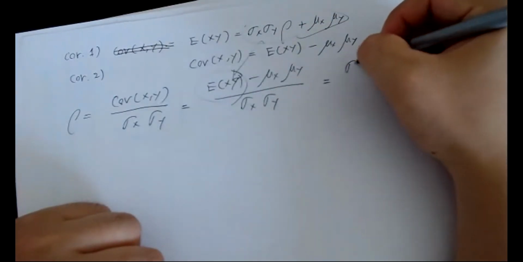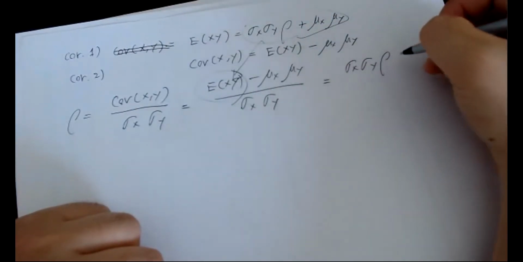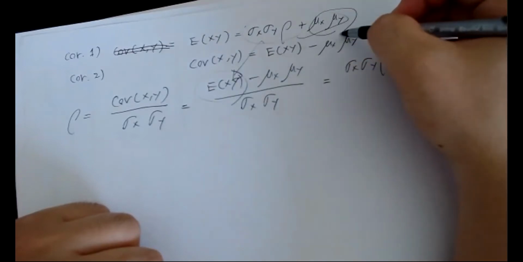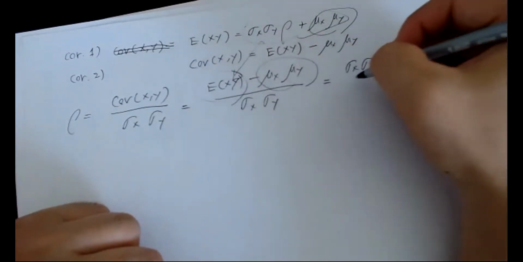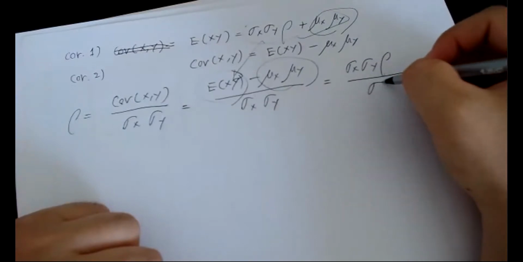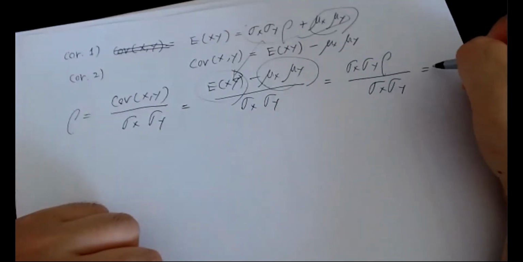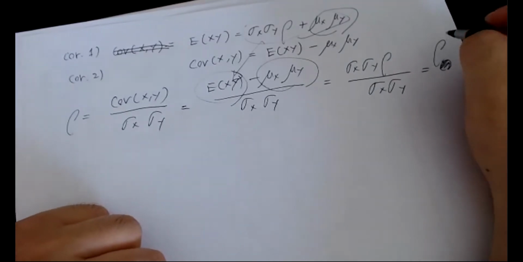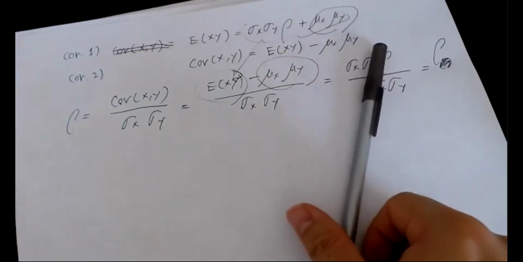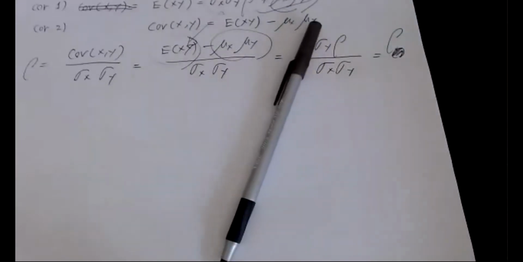So we get sigma x, sigma y, rho, plus mu x, mu y minus mu x, mu y, which is 0. So we get sigma x, sigma y, rho over sigma x, sigma y, which equals rho. So the proof is done, right? Even though X and Y have a bivariate normal distribution, the correlation must be rho.